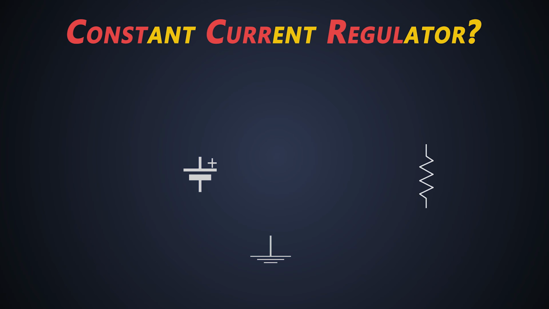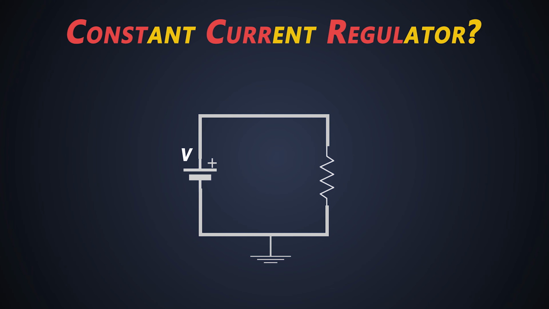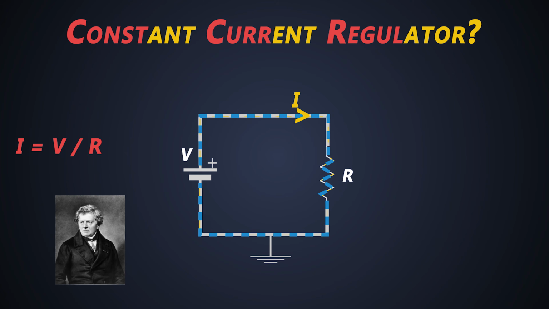Let's see the basics of current and voltage. When we connect a normal voltage source, let's say a battery, to a resistor, then the current flowing through the resistor will be the division between voltage applied to it and its resistance. Well, this is nothing but the basic Ohm's law, right?